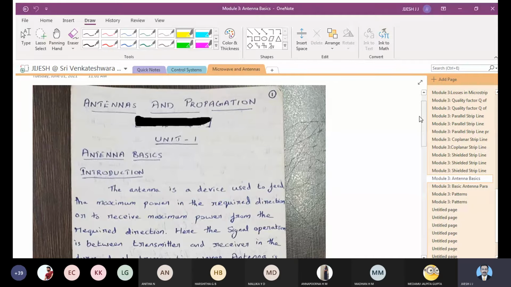You should know the very basic things whatever you have studied: integration of sine cos, integration of sine square, sine cube, integration of cos cube, or trigonometric relations like sine A cos B, sine square theta, all those things. What is the relationship between sine and cos, and the relationship between tan and cos.